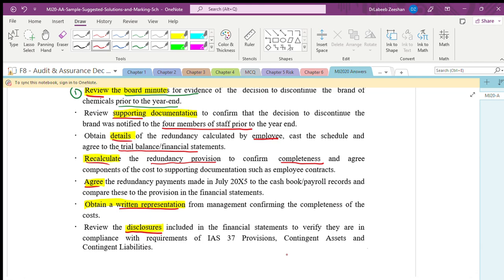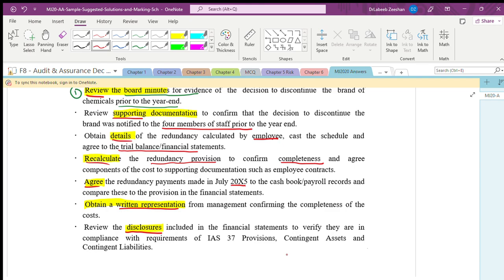We should match whether each employee has been treated fairly or not. Next, agree the payments made in July with the cash book or payroll records, and compare whether we have paid as per the provisions or not. You have to make a comparison.